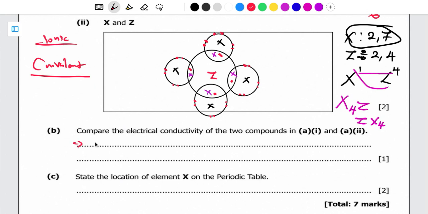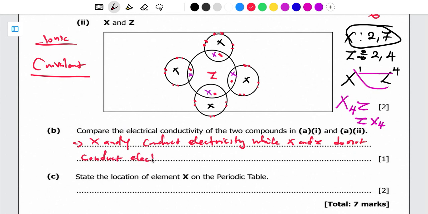So we are going to say X and Y conduct electricity, or they have high conductivity, while X and Z do not conduct electricity. Why? Because they don't have the ions or the electrons to conduct electricity.